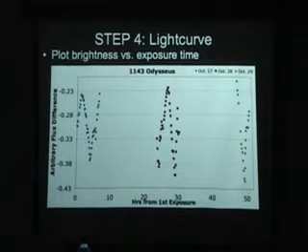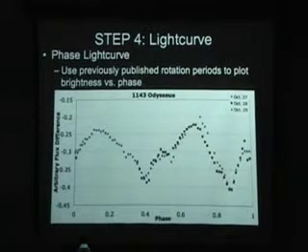So we use previously published rotation periods for these asteroids and divide the exposure times by that, and we get a plot like this. This is one full rotation. You can see that this was probably a bigger surface area illuminated to us, and that's probably a smaller one.